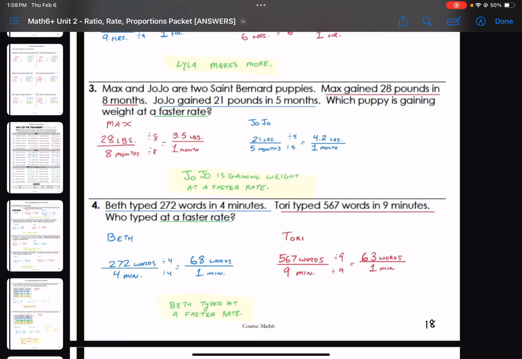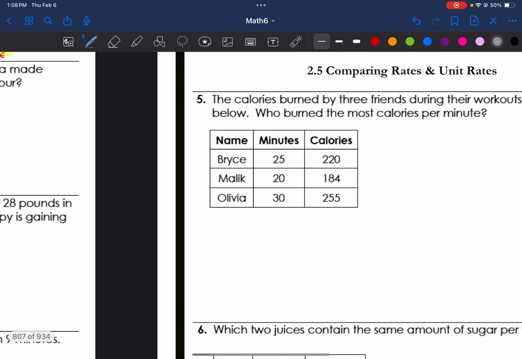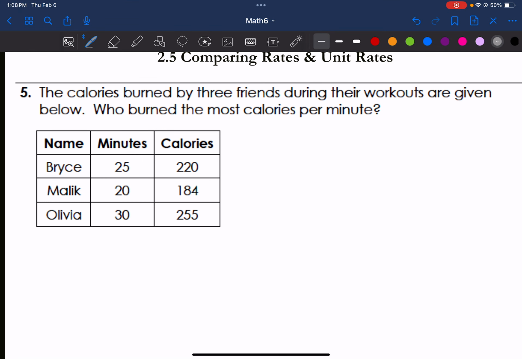So let's do number 5 because it's giving us a table. It says the calories burned by 3 friends, Bryce, Malik, and Olivia, during their workouts are given. Who burned the most per minute? So this already tells you right here, most per minute. You need to find each unit rate so that minute is in the denominator. So those are like hints that we can pay attention to.